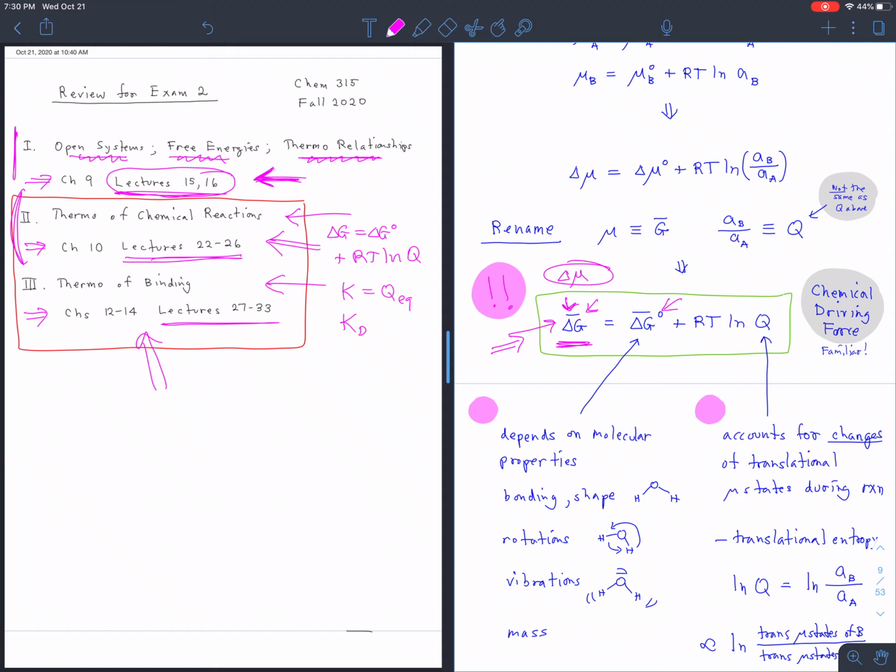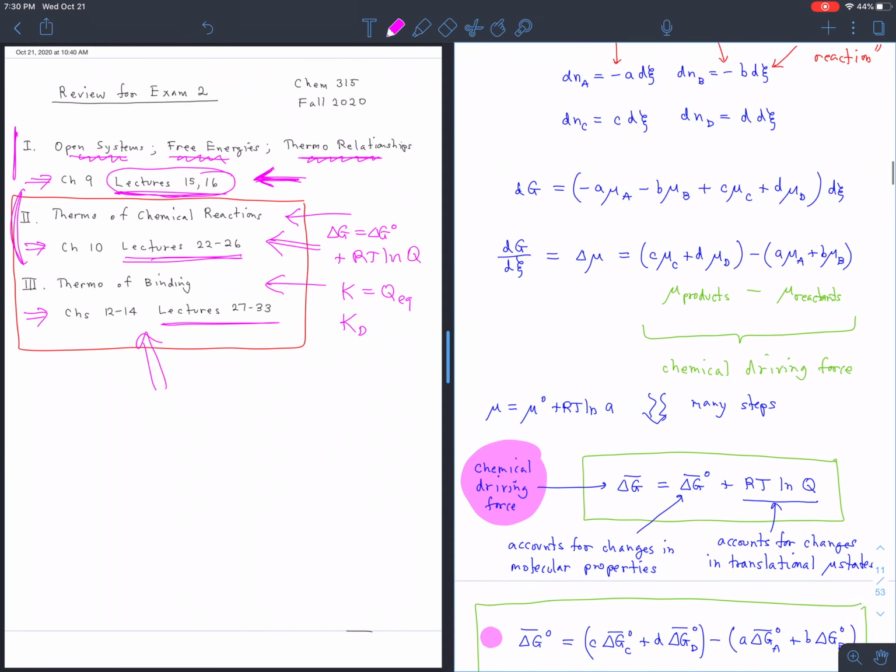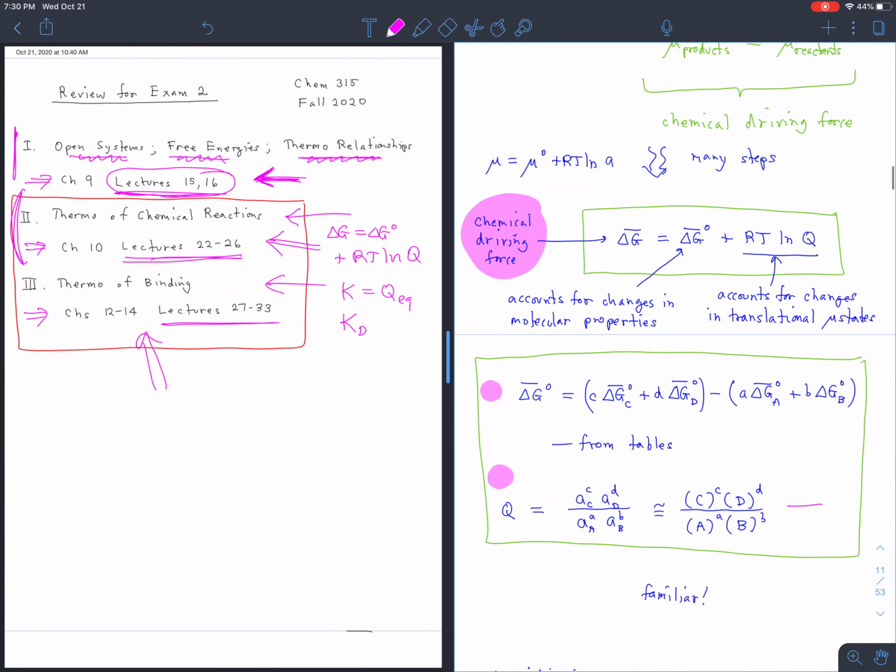So delta G is equal to delta G0, the standard state Gibbs free energy change, plus RT log Q. This Q is down here. The Q is this ratio of powers of activities raised to stoichiometric coefficient powers. That's familiar, I think, to everybody. The standard state delta G is the difference in delta G's between products and reactants, so it's products minus reactants weighted by stoichiometric coefficients, the usual difference.